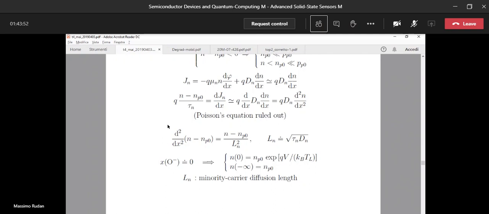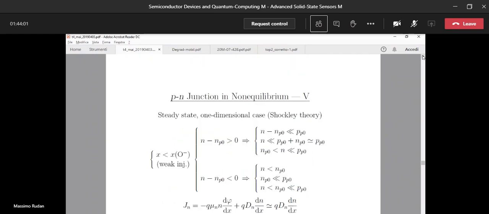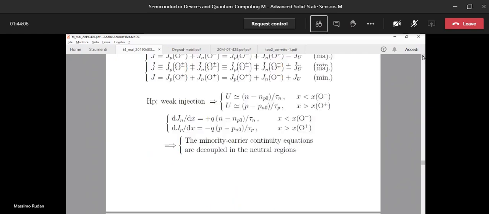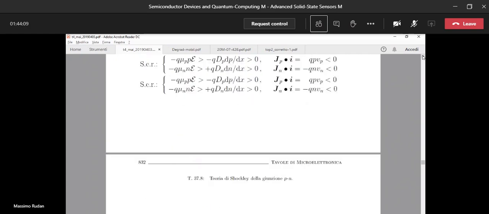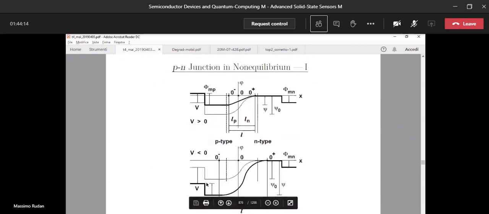And where are they? Remember, we are solving in the neutral region of the p-type, okay? Here, we are solving in this region, okay? So the boundary conditions that we need are the boundaries of this region. One is minus infinity, practically minus infinity, because the contact is very far, okay?